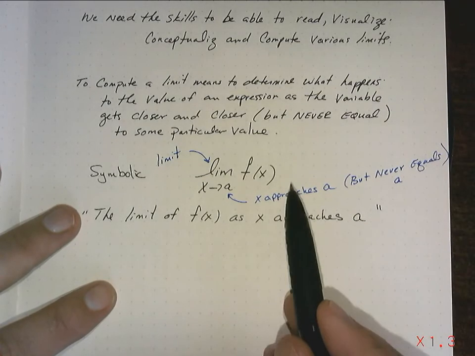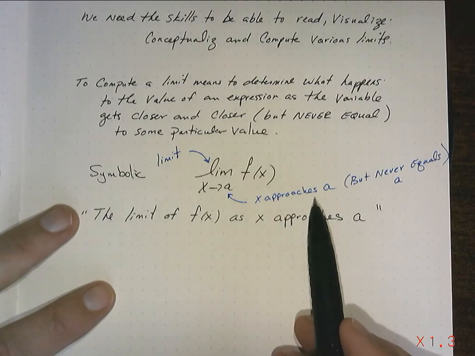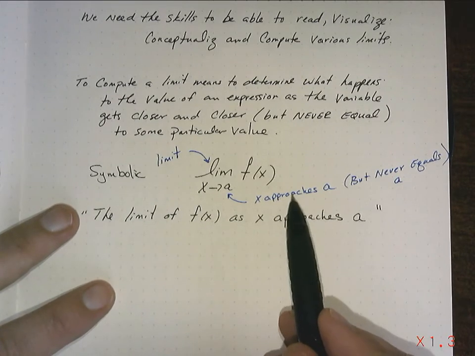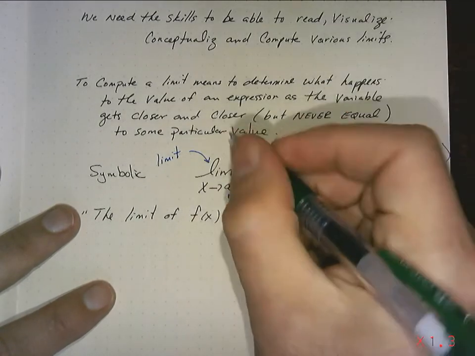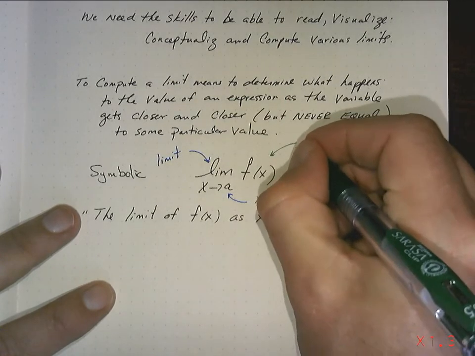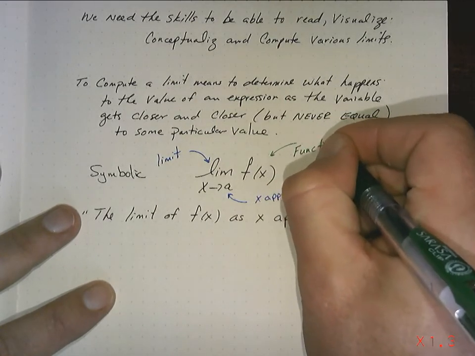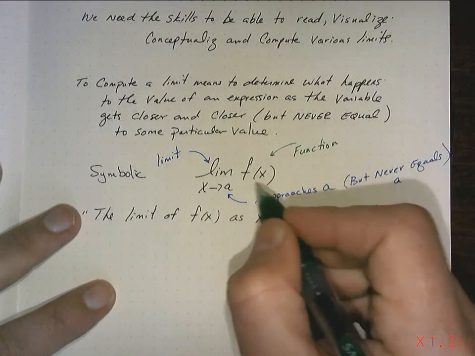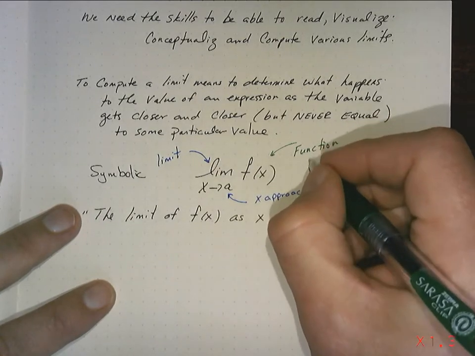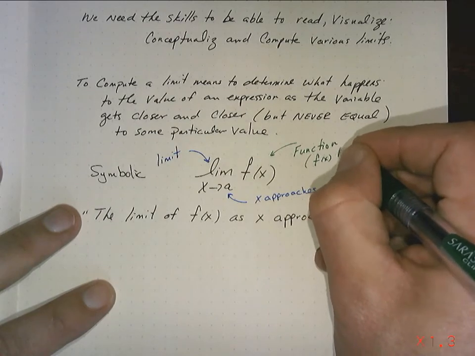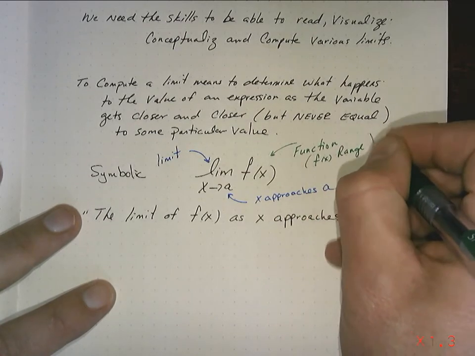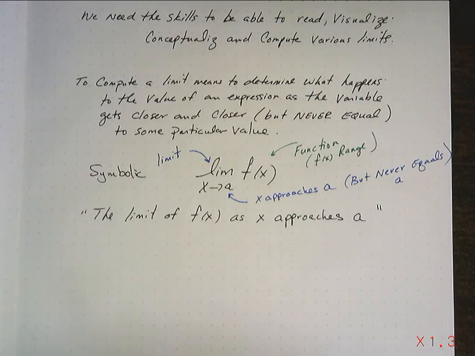So I get to get closer and closer and closer to a, but I never, ever, ever get to touch a. And this part here is your function that we're talking about. This is the function. And in fact, that's the y value. That's the range of the function, isn't it? So when I calculate f of x, this actually works out to its range. Its y value, if you will. We've talked about that a little bit.